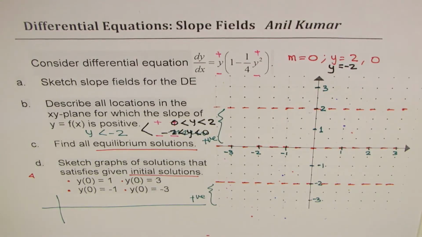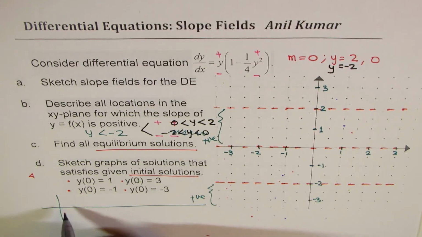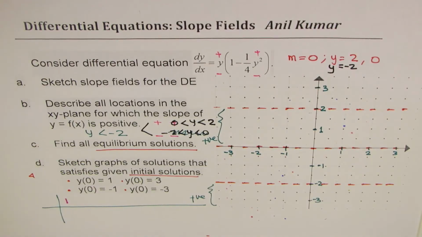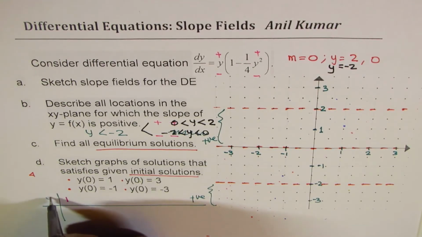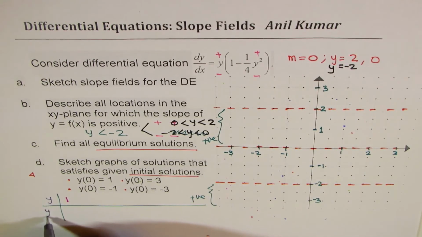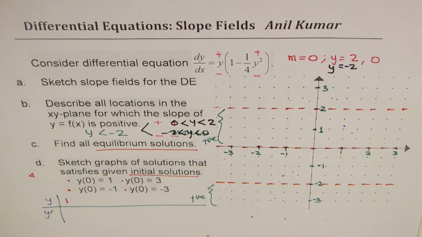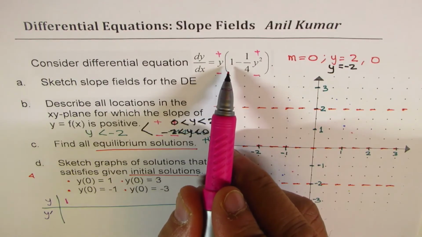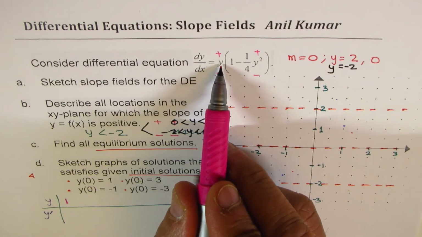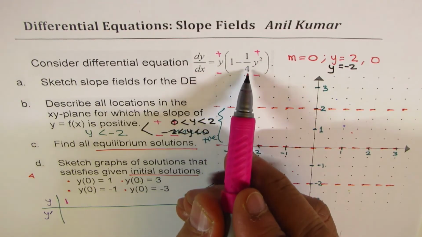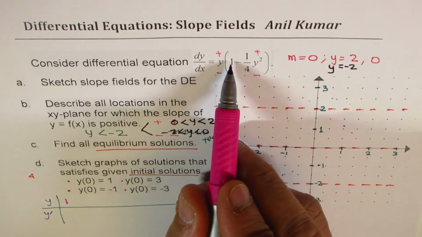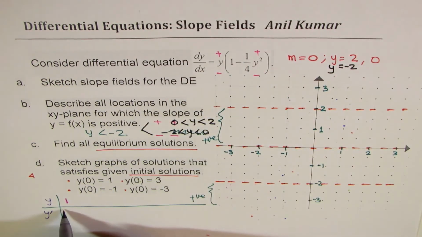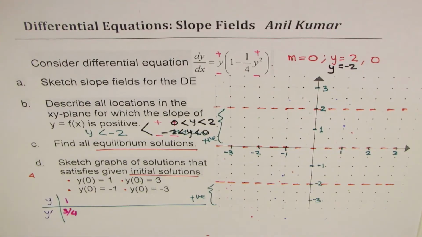So if I take a value of y as 1, we'll write the y values here and we'll write the derivative values or the slope underneath. So if I take y as 1, in that case it will be 1 minus 1 over 4. That means 4 minus 1, 3 over 4. So the slope is 3/4, right?